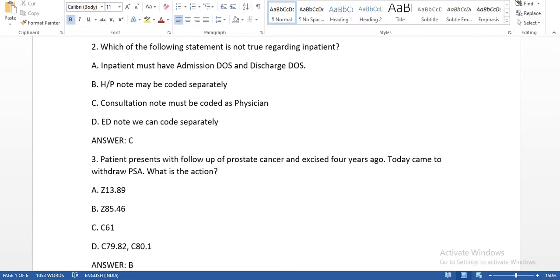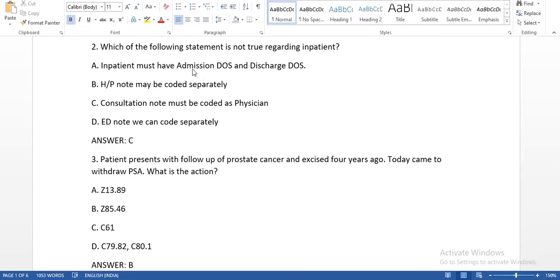Consultation in the inpatient setting, physician and qualified non-physician practitioner permitted. So consultation is permitted in the inpatient setting. It is very simple. We need to check the admission DOS and discharge DOS. If the consultation date is in between admission DOS and discharge DOS, we can consider that consultation as inpatient stay.